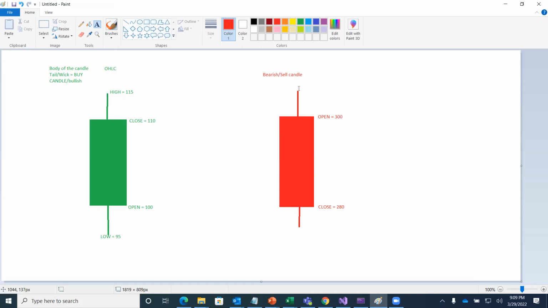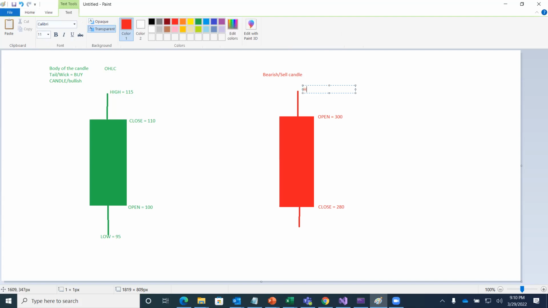In between it has gone up till here and all that. But because this is a representation of one full day, that is the base for us. For one full day, what is the performance? For example, today this particular stock opened at 300 and finally closed at 280 rupees. So 20 rupees down. That's what we say, isn't it?